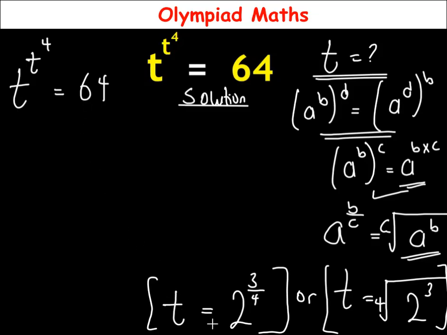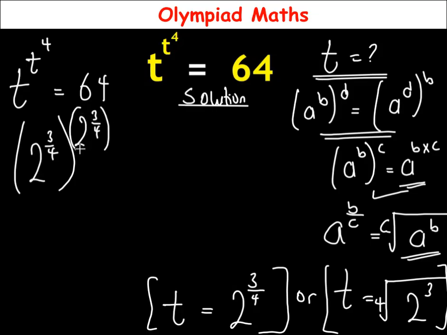And the value of t that we got is 2 raised to power 3 over 4. So t right here becomes 2 raised to power 3 over 4. Then all to the power of 4 is equal to 64. Let's continue.